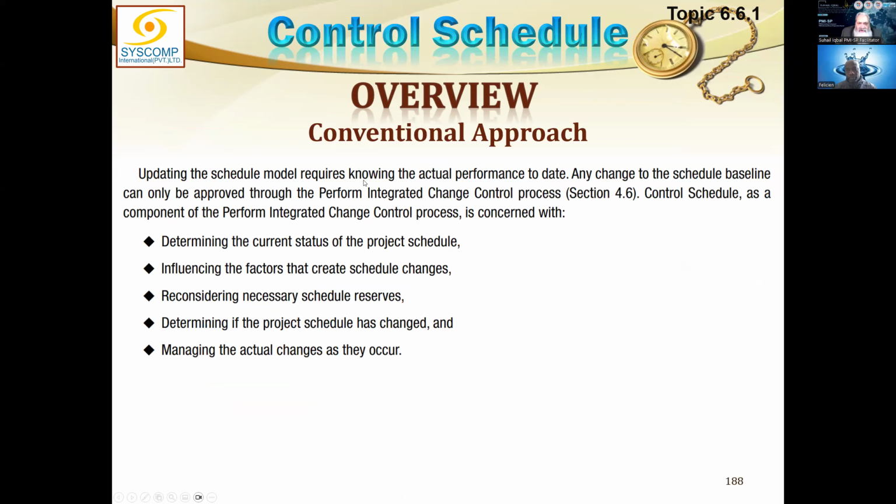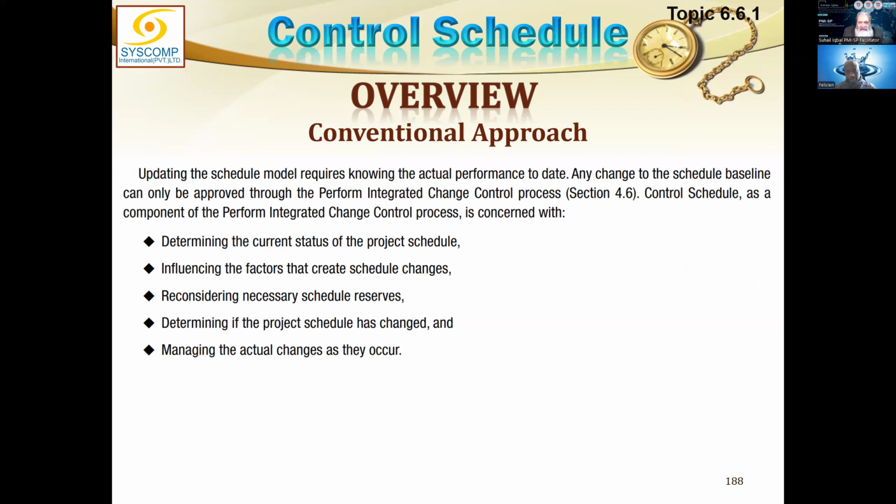Updating the schedule model requires knowing the actual performance to date. Like, as of today, what is the actual progress of the project? That is what actual performance to date is. Any change to the schedule baseline, if anything is not according to what the baseline was, meaning we are falling short of it or getting ahead of it, that means there is a change, right?